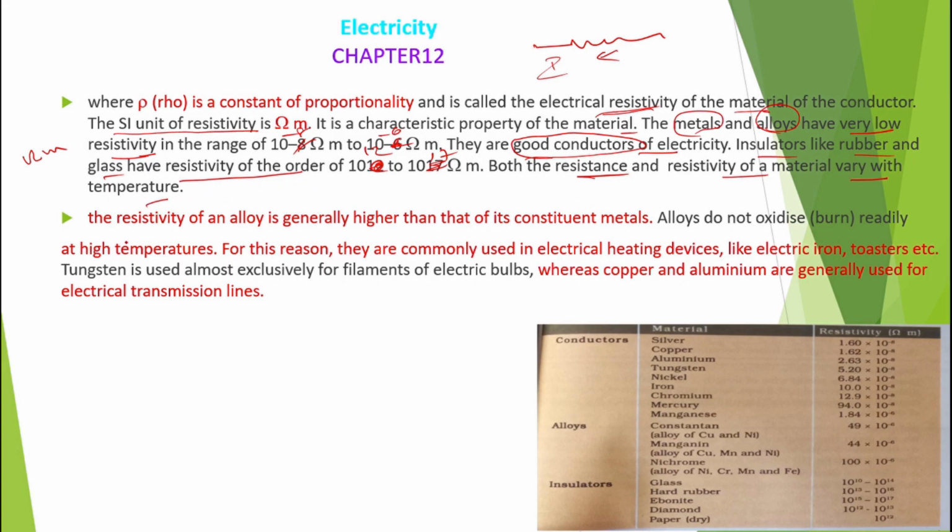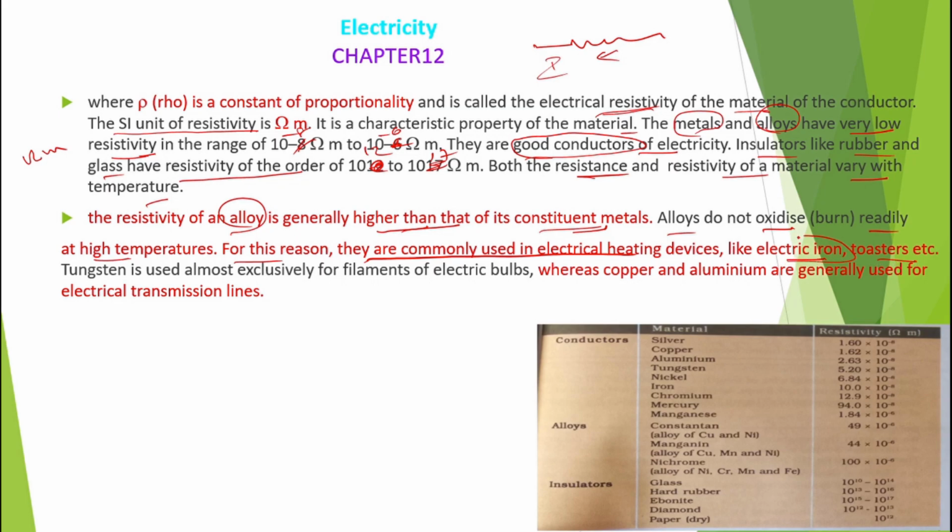The resistivity of an alloy is generally higher than that of its constituent metals. An alloy means we are mixing two or more elements. So compared to the individual elements, these alloys generally have higher resistivity. Alloys do not oxidize or burn readily at high temperatures. For this reason, they are commonly used in electrical heating devices like irons and toasters.